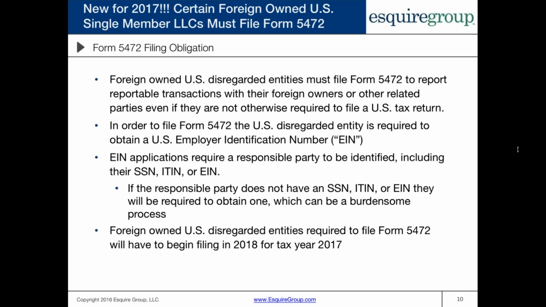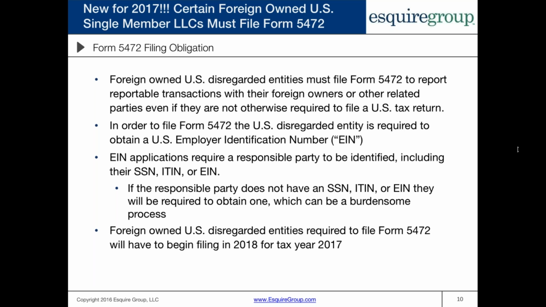Otherwise, the responsible party is going to be an individual, and they are going to have to give their social security number or individual taxpayer identification number. If the responsible party doesn't have a social security number, an individual taxpayer identification number, or an EIN, they're going to have to obtain one before being able to obtain the EIN for the single-member LLC, and only then can they file the 5472.